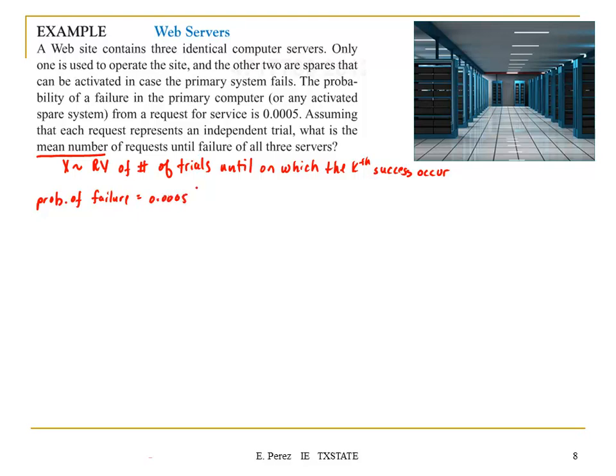(0.0005), and we know the mean number. What is the mean number? Equals the expectation, which is the expected value of x.